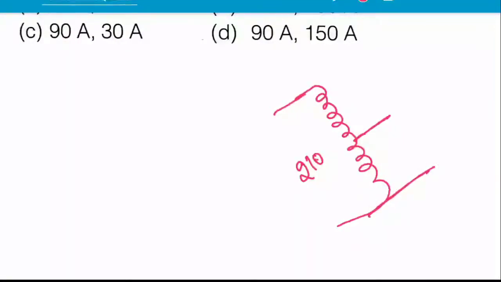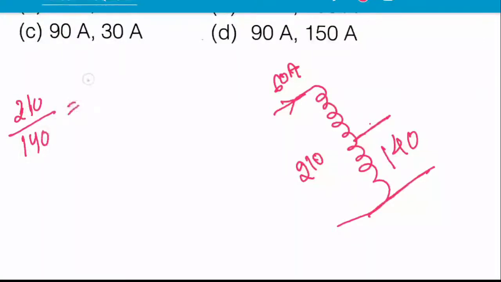This is why this is an auto transformer, and this is 140 turns. So here given is 60 ampere. 210 by 140 is equal to x by 60 and x is coming to be 90. So here the current will be 90.